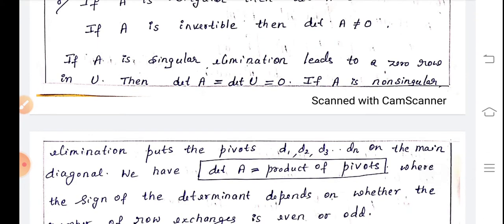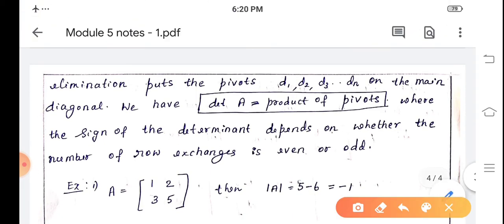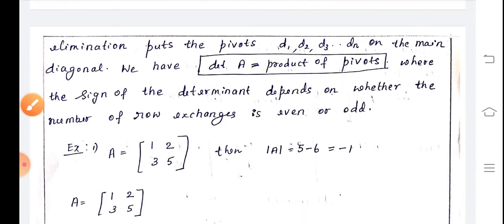If A is a non-singular matrix, then after reducing the matrix to echelon form, we write the determinant of A as the product of the pivots, where the sign of the determinant depends on whether the number of row exchanges is even or odd.